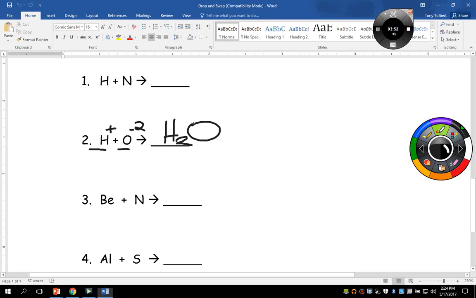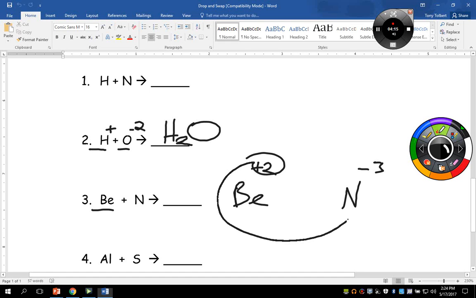Let's do another, Be. If you look on your periodic table, Be should become the ion that is a +2. Nitrogen becomes an ion that is -3. So this number here is going to go to the back of the N. This number here is going to go right across. We're going to drop the charge, swap the number.